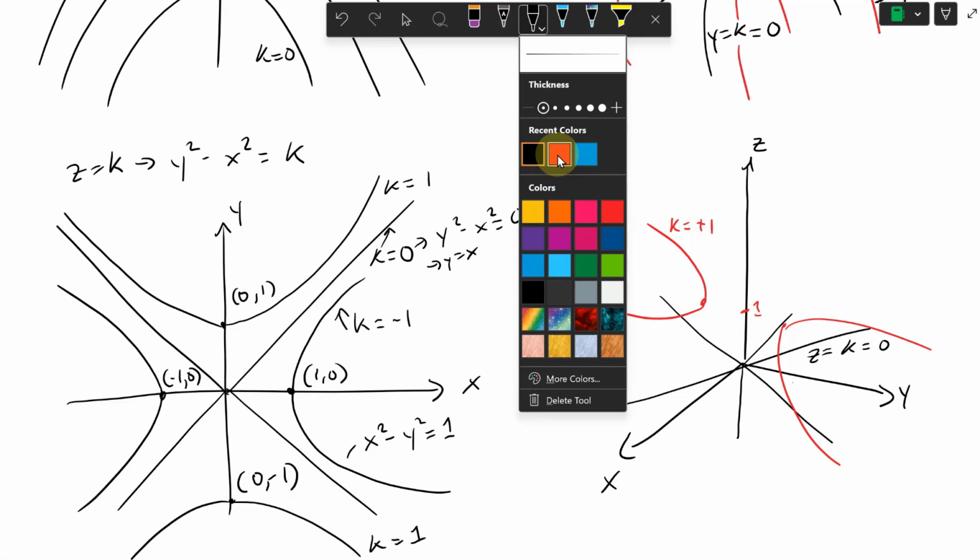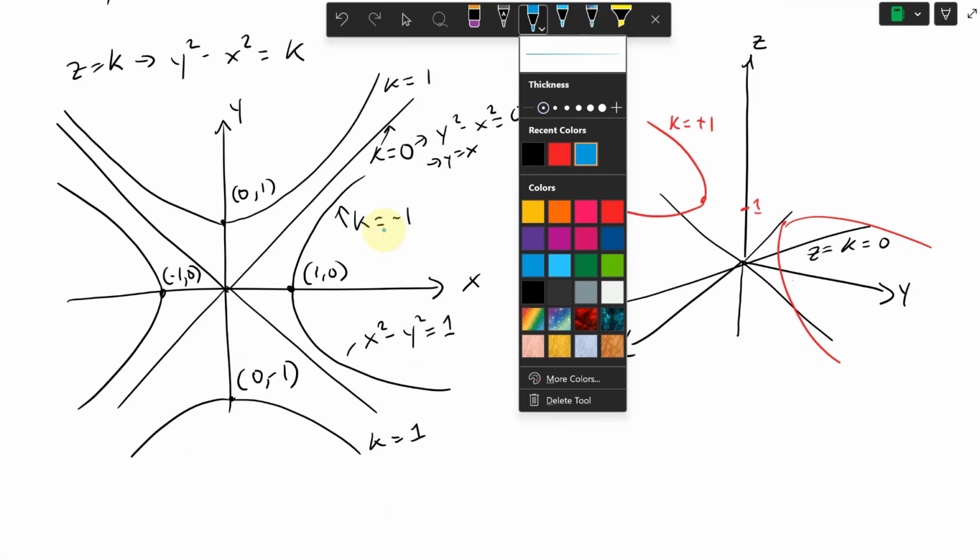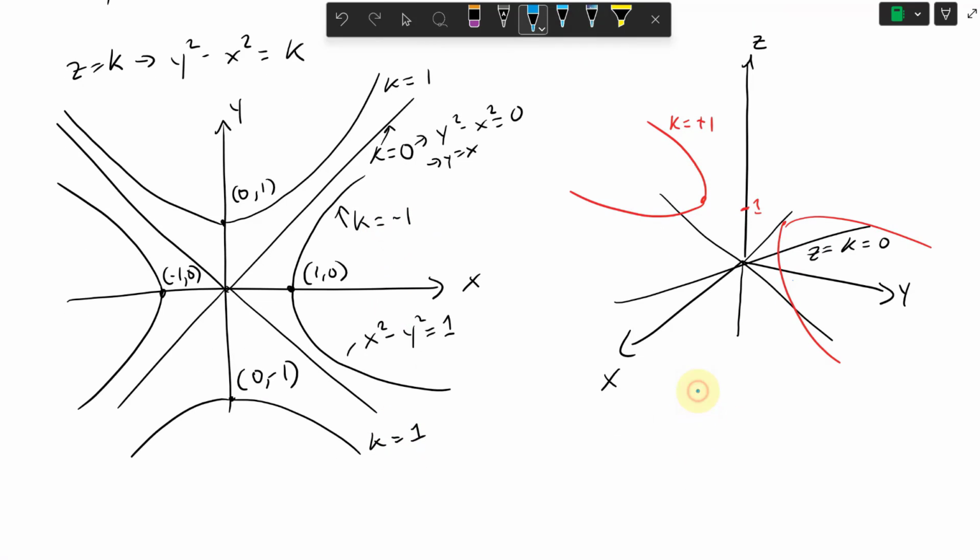Now what we need to do is I'll draw this in blue, and this is for the k equals -1. So it's going to go down here, -1. And then it's going to go across, all the way till the 1 on the x-axis.